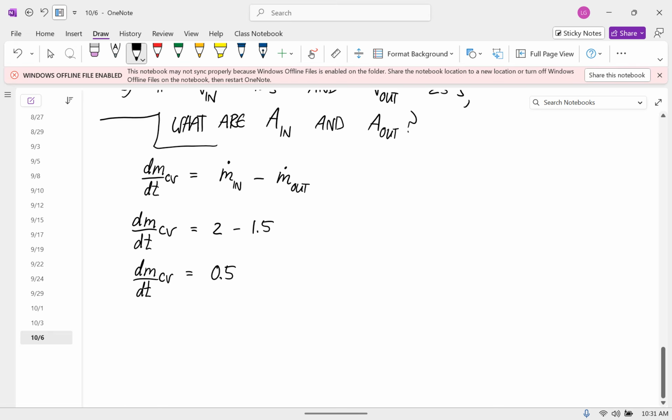And now I'm going to multiply both sides by dt. We've done this a few times. And I'm going to write this as dm inside the control volume is equal to 0.5 dt. And I'm going to integrate both sides from state 1 to state 2.